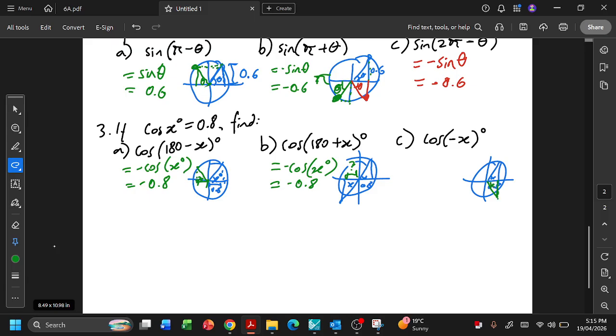We can see that that point in green has the exact same x coordinate as our initial value of 0.8. So cos negative x is equal to cos of x. That's another one of these symmetry properties, which means that cos negative x is also equal to 0.8.